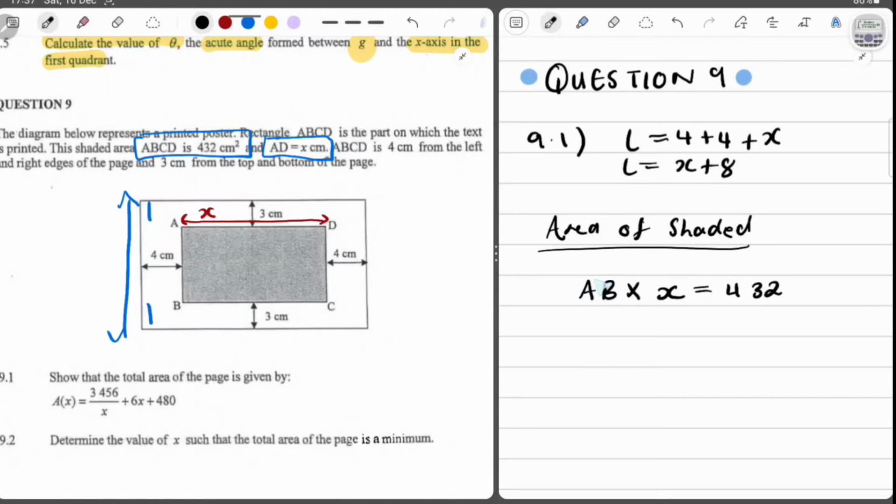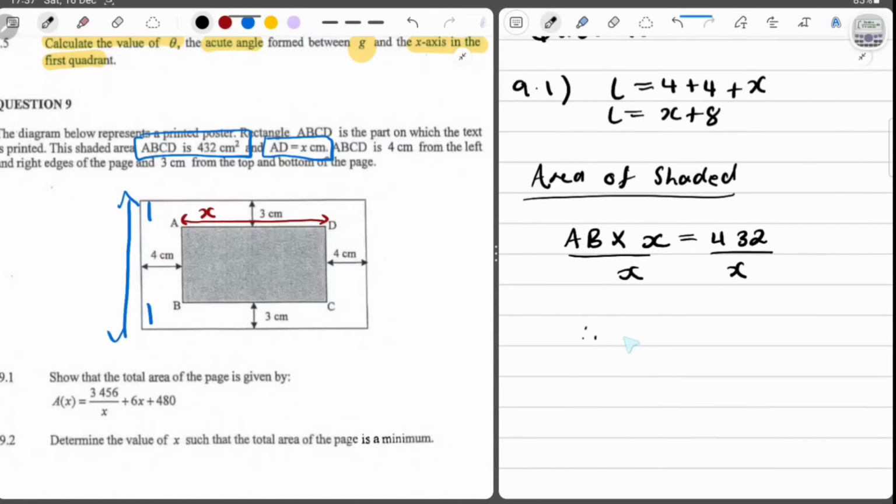How do we make AB the subject? Well, x is being multiplied to AB. So to get rid of the x, we're going to have to divide both sides by x. And of course, x is not equal to 0 because it's a length. Length cannot be 0 because this is a physical page we can see. So AB is equal to 432 over x. That is the expression for AB.